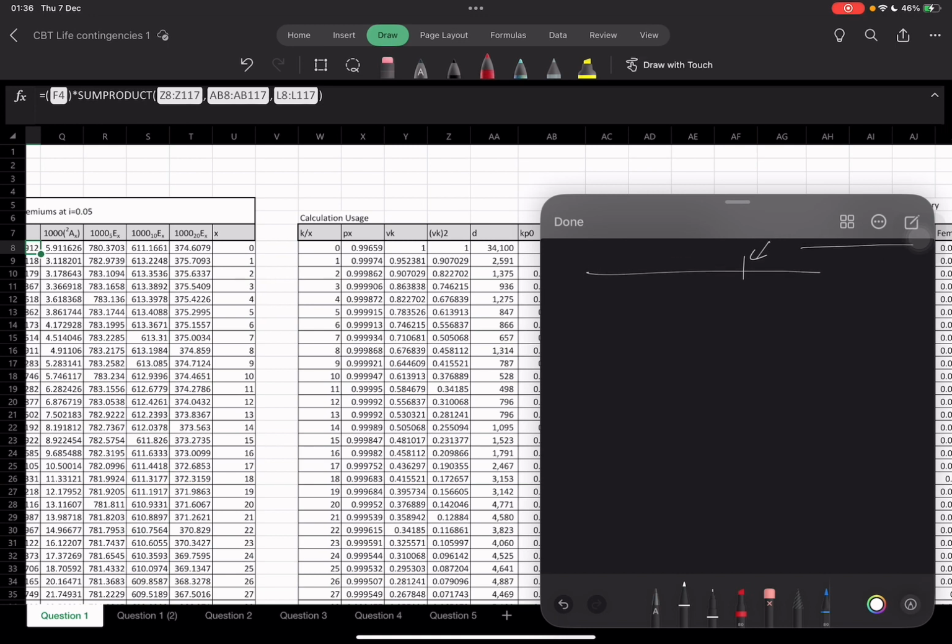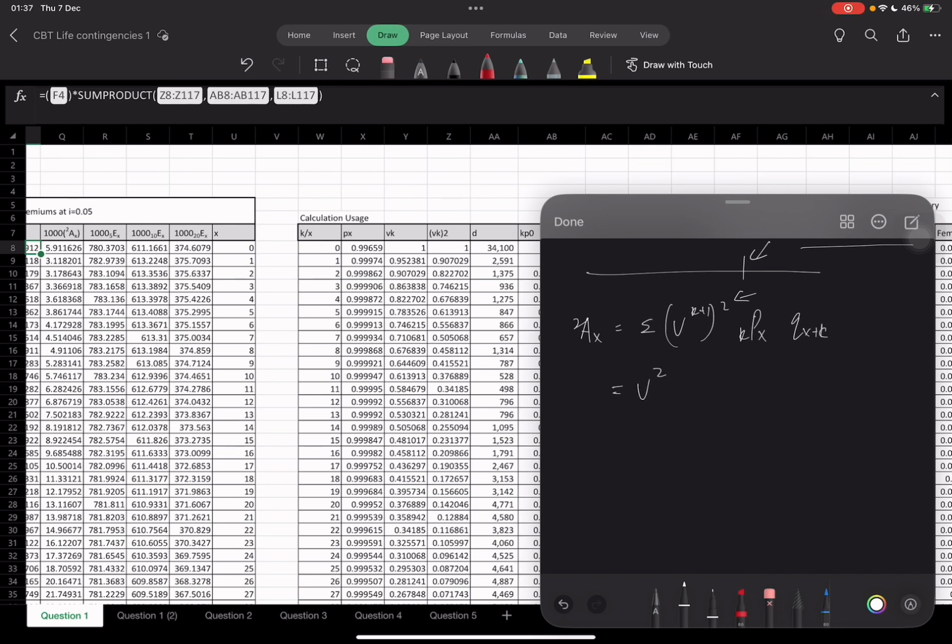And then for the second moment of whole life insurance, we have this formula. Just follow the moment idea.